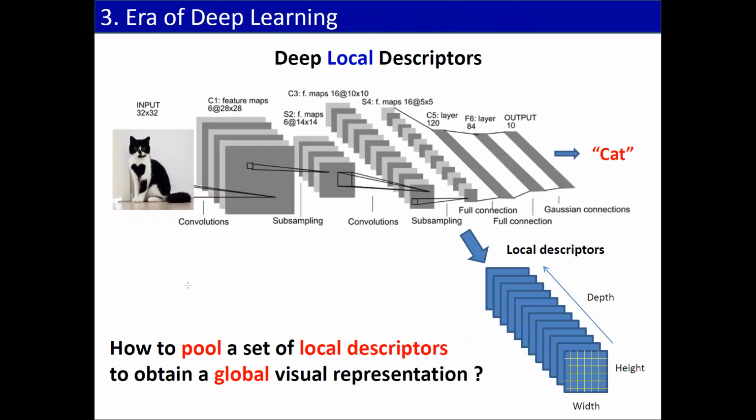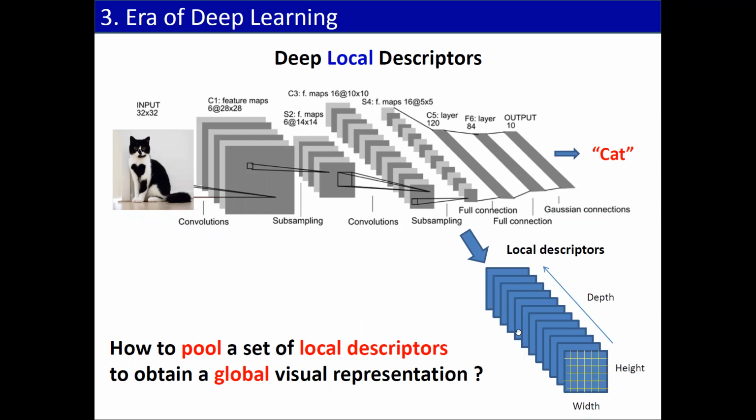Since year 2012, the computer vision community has embraced deep learning. We use deep neural networks to learn better feature representations for images. Generally, we obtain 3D convolutional feature maps. We know it has width, height, and depth.